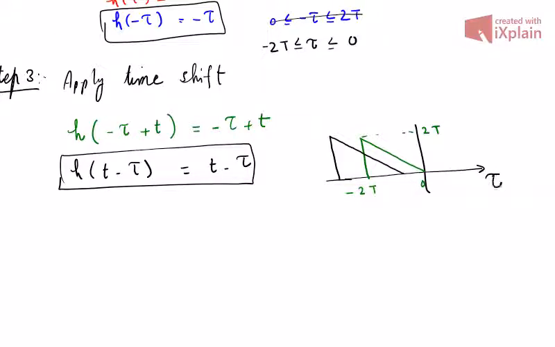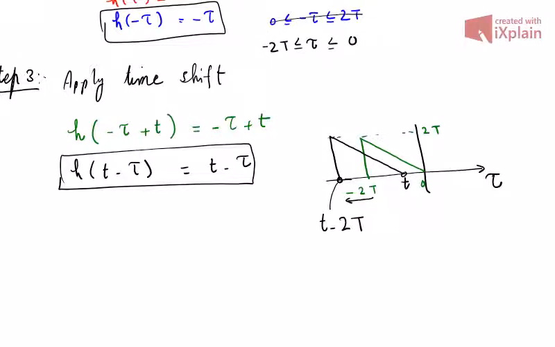Keep this in mind, this is the tau axis, and this point here is t minus 2T. So it moves t units towards the left if t is negative, and if it is positive, similarly it will move t units towards the right from 0. This point here is t, this point here is t minus 2T, and we know the peak value.